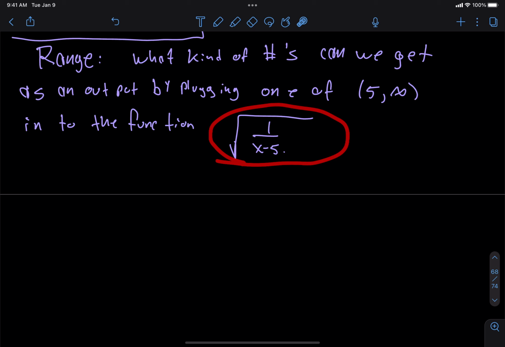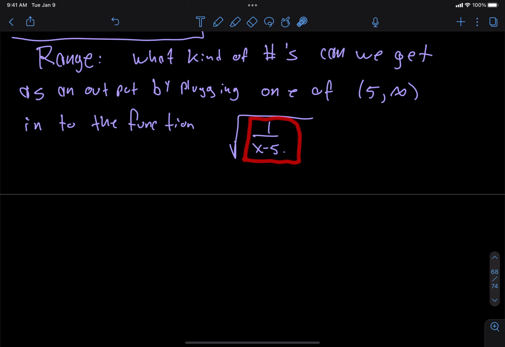So the smallest possible output is going to be attained whenever whatever's under the square root is smallest. How can I make 1 over x minus 5 really, really small? If I want this fraction to be extremely small, then I want x to be what kind of number?